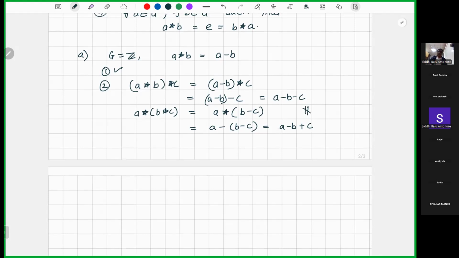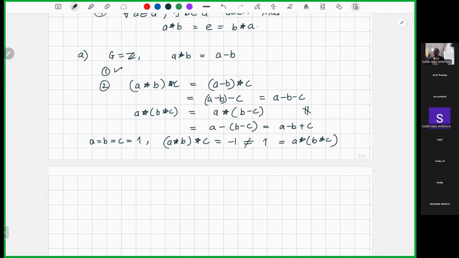For example, if I take A equal to B equal to C equal to 1, then (A star B) star C is minus 1 and A star (B star C) is 1, but these are not equal.